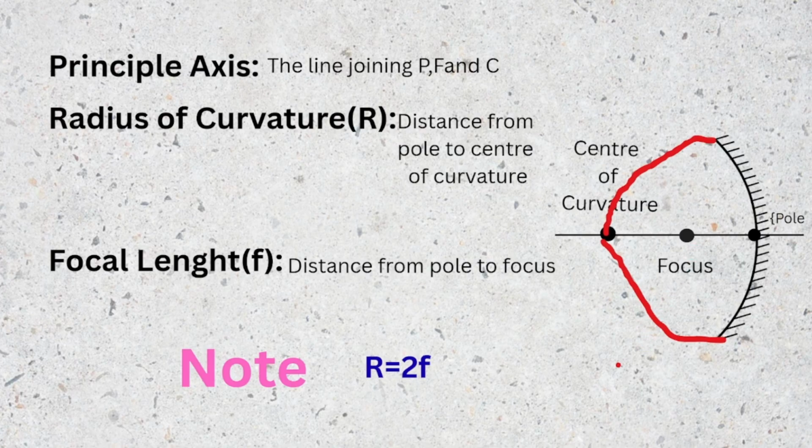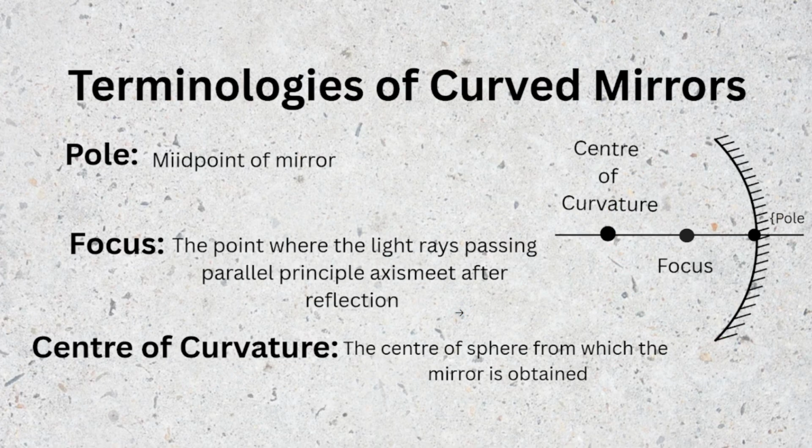It is the center of the sphere from which the mirror is obtained. For example, let this be the sphere. A sphere is a mirror in the shape of a ball. From that ball shaped mirror, we have cut this concave mirror. The sphere will have some center, right? That center is the center of curvature.